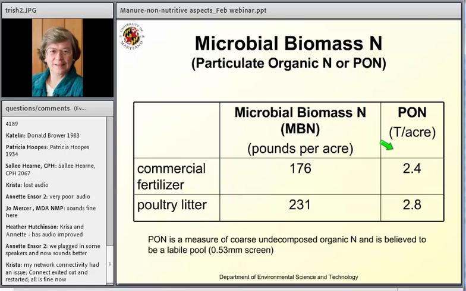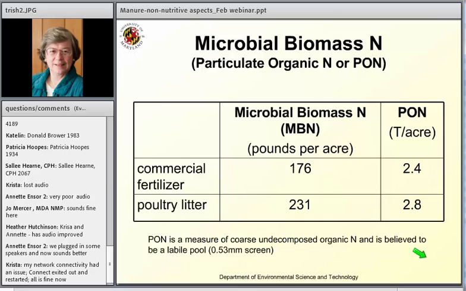And so these folks also looked at particulate organic nitrogen. Now this is interesting because it's now believed to be a pretty good measure of what's going to be available to the microbes over the short term. And it's basically coarse-sized, undecomposed organic nitrogen. Essentially you screen your soil through a 0.53 millimeter screen, and then you determine how much carbon or nitrogen are in that. All right?